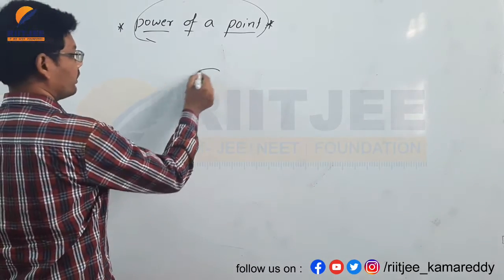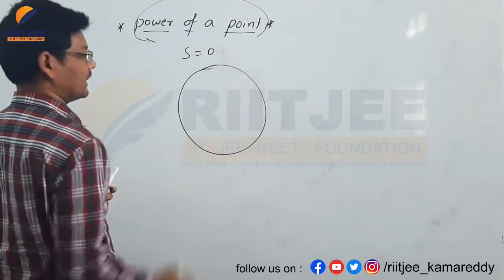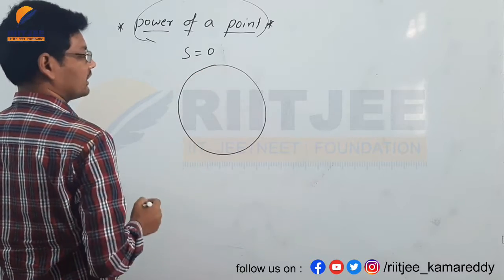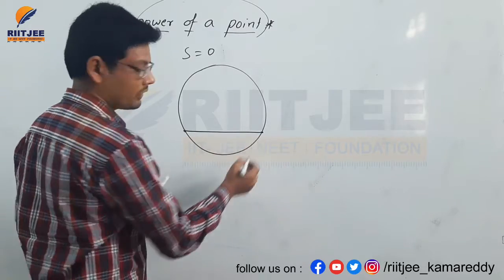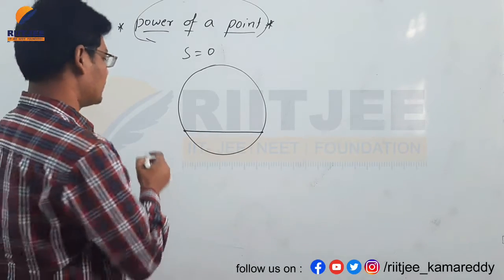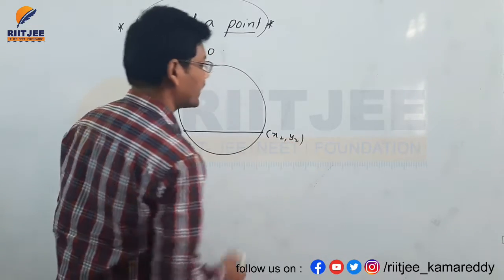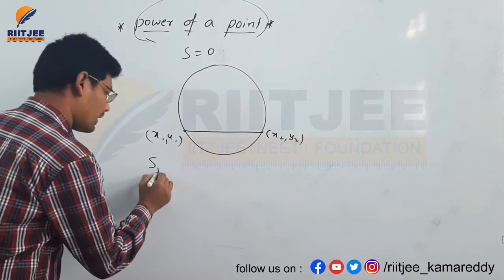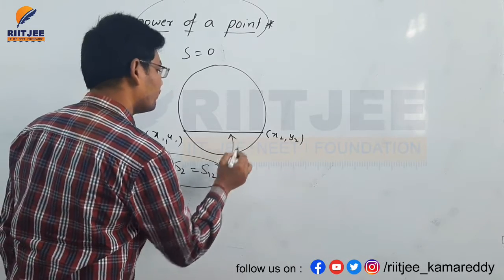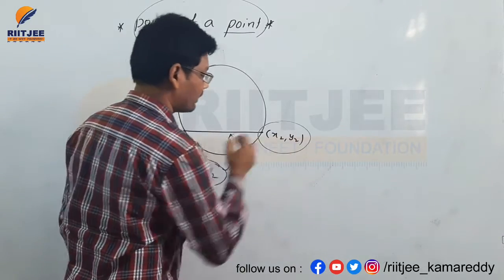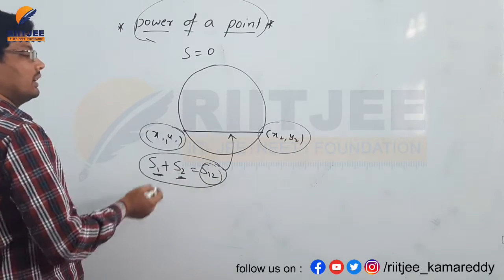Let S = 0 be a circle, and the equation of the chord joining 2 points (x1, y1) and (x2, y2) is S1 + S2 = S12. This is the equation of the chord when 2 points of the chord are given.